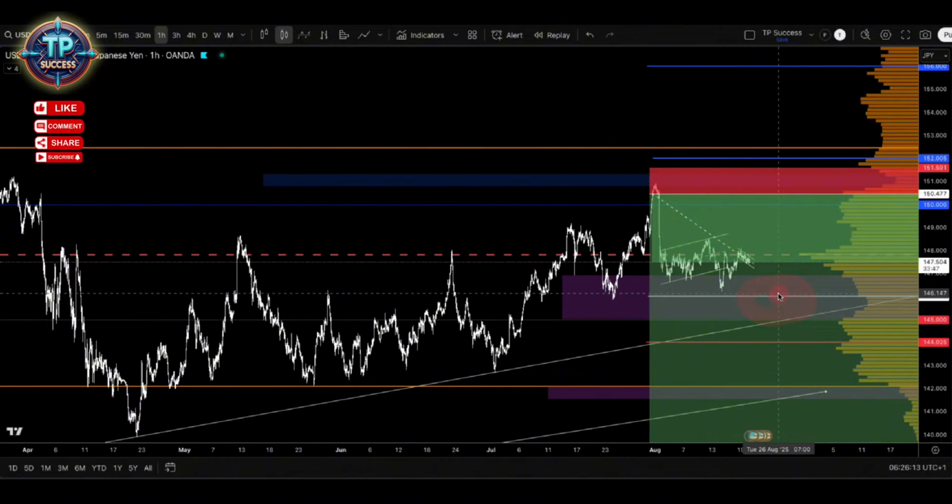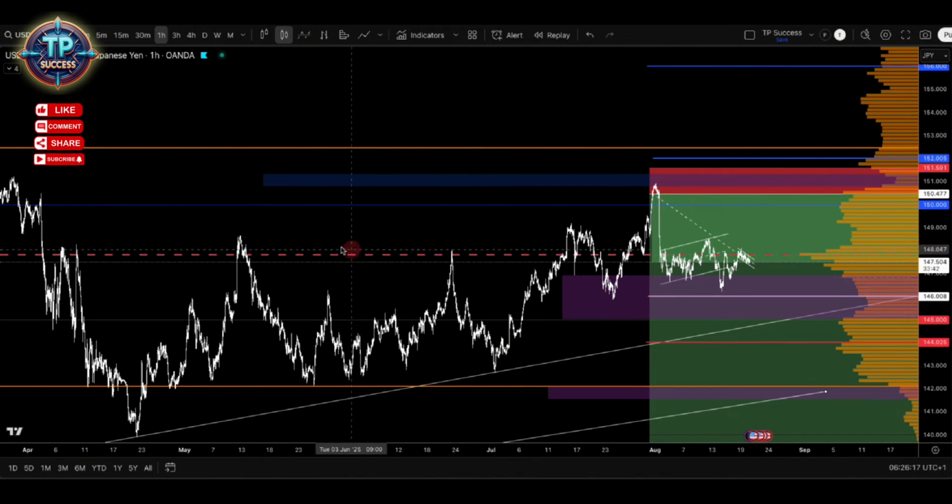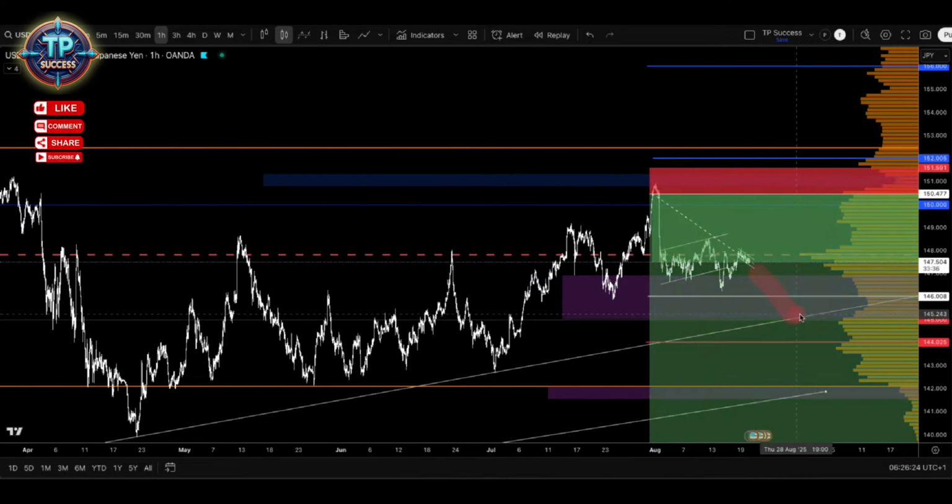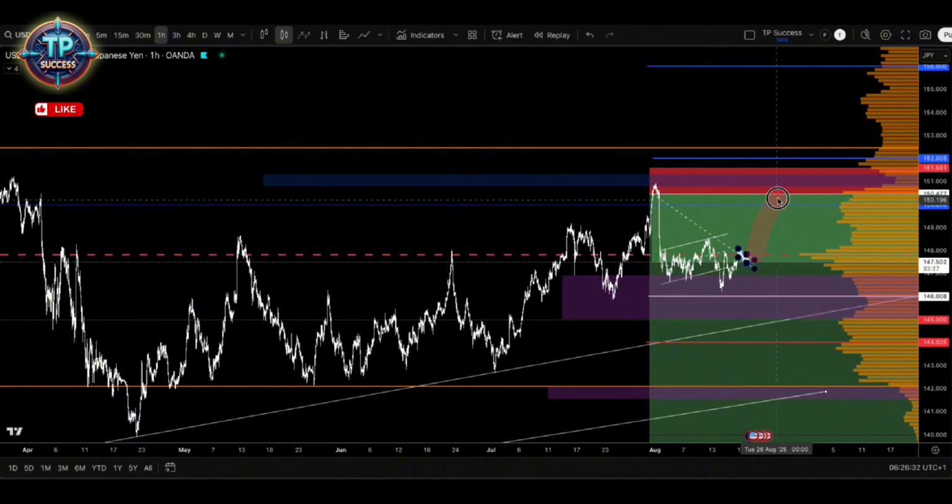I'm not going to make a big assumption and say it's going to go all the way here, because at the moment the whole behavior of this thing is in line with it coming down to about this zone right here, which is going to be on this trend line if it lands here somewhere, right? But at the same time, it could also push all the way up.